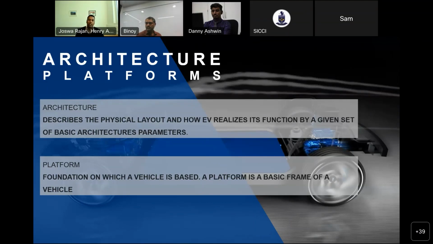For example, a hybrid electric vehicle could have an architecture with a combustion engine, battery, and e-motor, and how they are organized, in series or parallel, is an architecture. The platform is the foundation on which the vehicles are based. These days, with electrification, both platform and architecture are important because we have to look at this as a ground-up change.